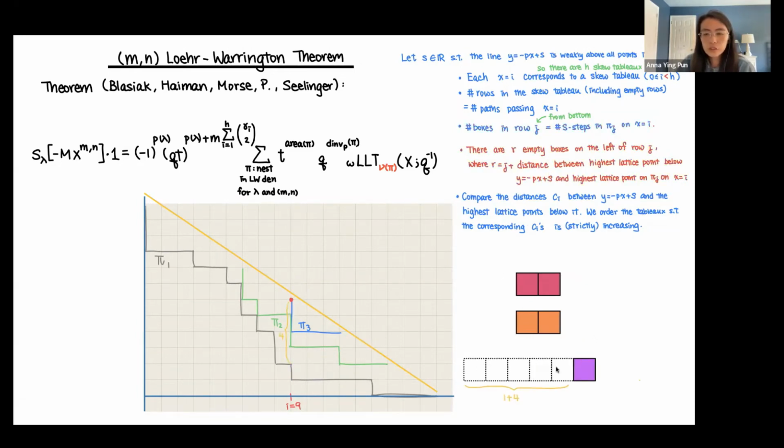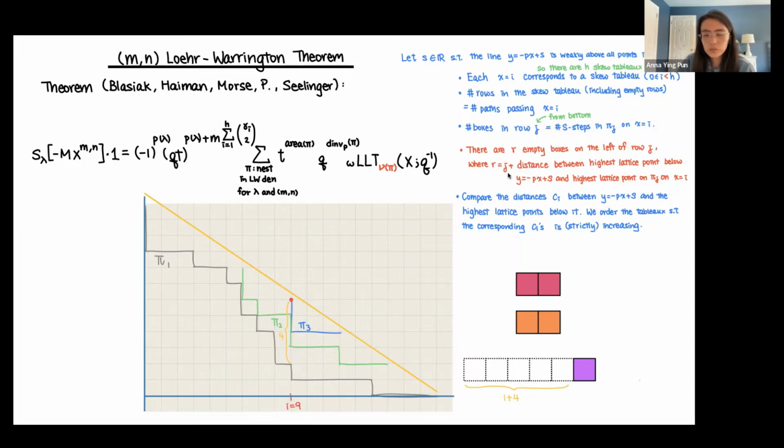Now, I have to shift it because it's a skew tableau. I have to know how much I'll shift it. So the shift is just j plus the distance between the highest lattice point below the yellow line. Here, this is the highest lattice point, right? From the top of me, along this vertical line, I have 1, 2, 3, 4. So you have 1 plus 4.